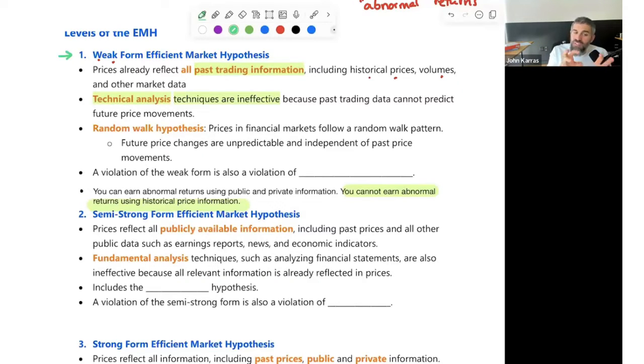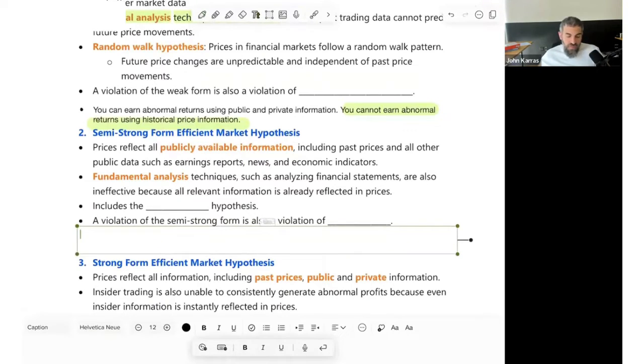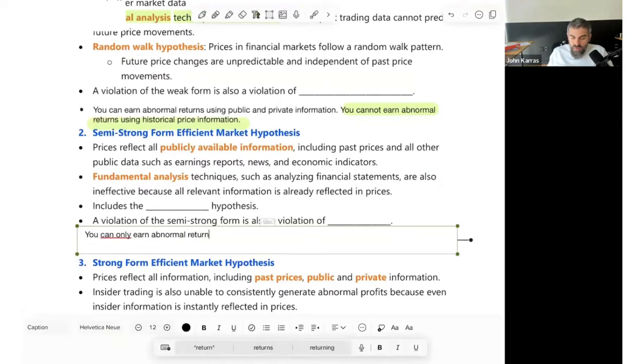And so people who believe in the semi-strong form of the efficient market hypothesis believe that all public information, including historical prices, are already reflected in the price, meaning that even public information cannot be used to their advantage. So I would add that as another point here, okay, that under this form, you can only earn abnormal returns with private information.